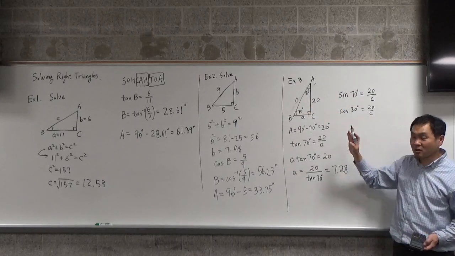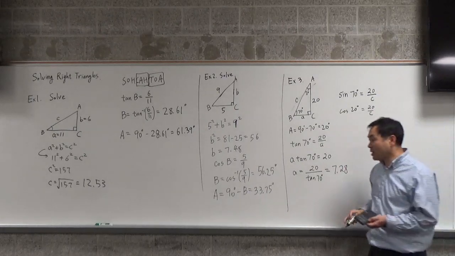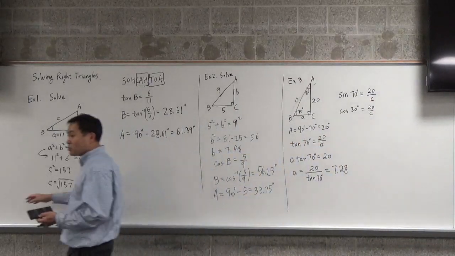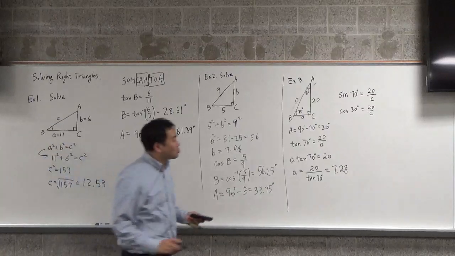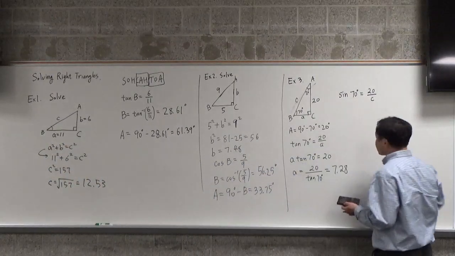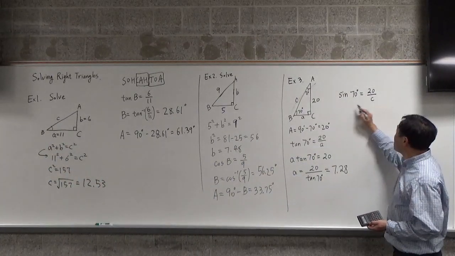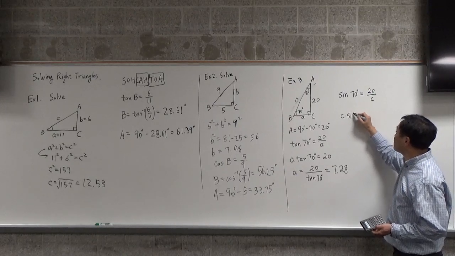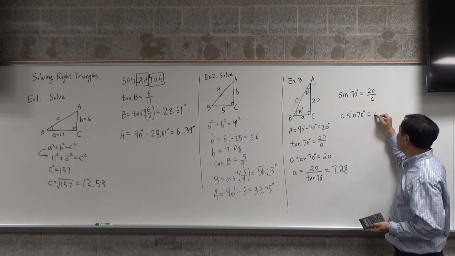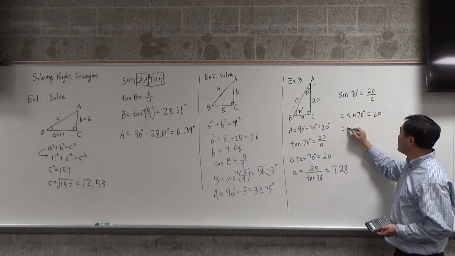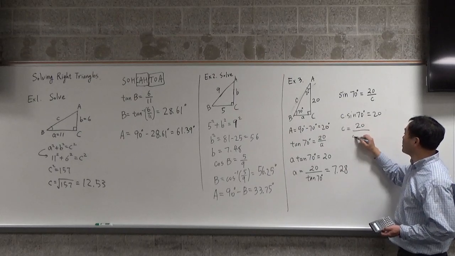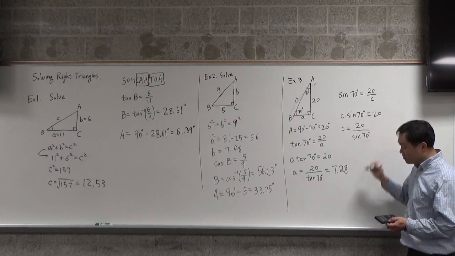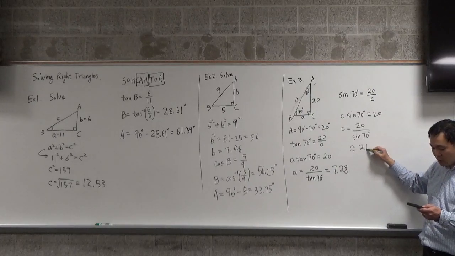So you have basically 3 different ways of getting it. You can use whichever seems most convenient to you. And we can multiply by C, so C times sine 70 degrees equals 20, and then C is equal to 20 divided by sine 70 degrees. It's about 21.3.